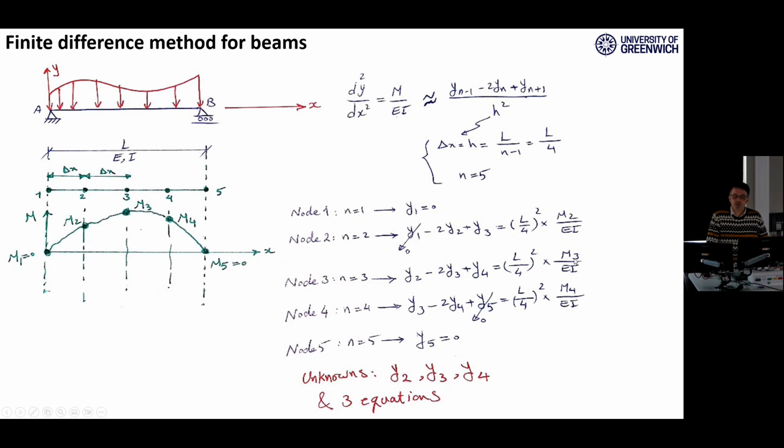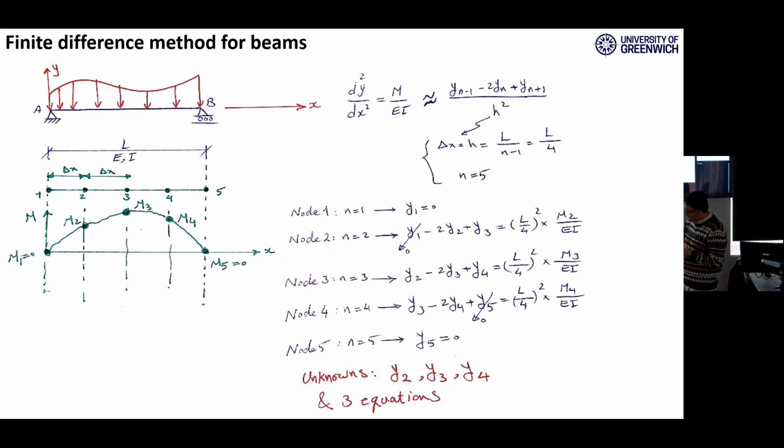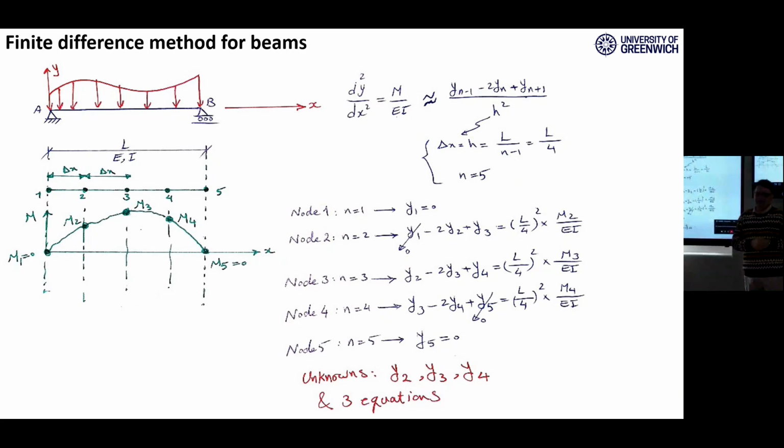So when you have M2, M3, M4, you have 3 unknowns, y2, y3, y4. Oh, the solution was here, I didn't realize.